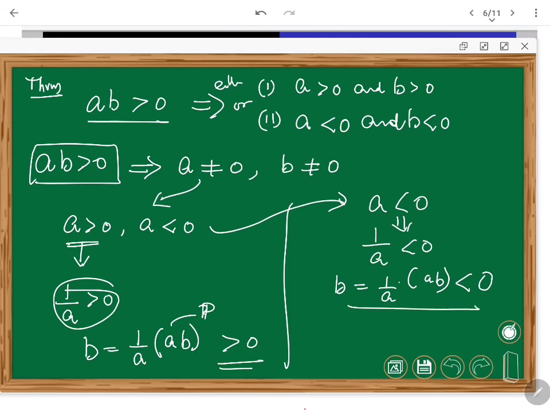So as a theorem, if AB is greater than 0, either the first will hold or the second will hold. The first part is A greater than 0, in that case B also greater than 0, otherwise A less than 0, with that B must be less than 0. It is an immediate corollary if you want to look at it: if AB is a negative real number, that also you can deduce.